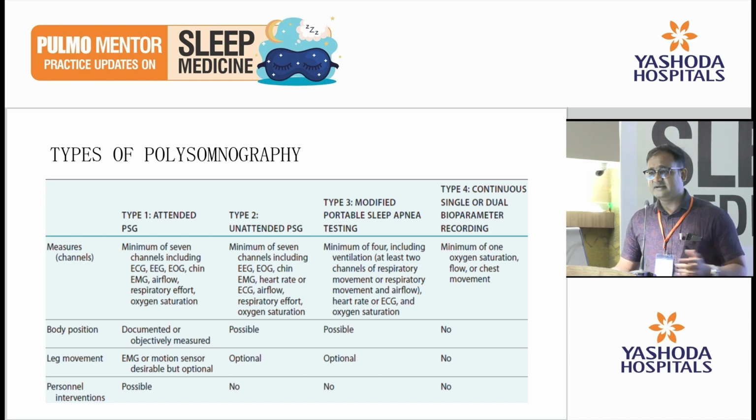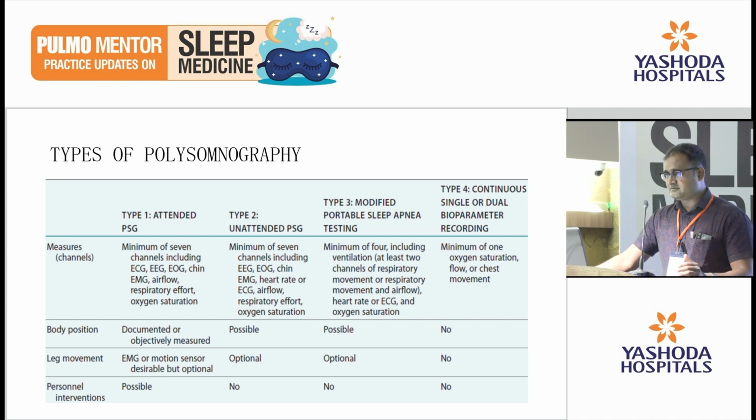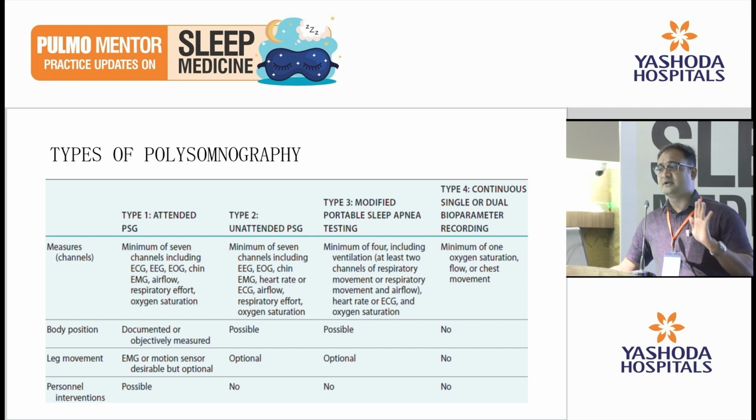Suppose some lead is getting out of the patient's body, or your pulse oximeter is coming off your finger, then the whole sleep study might be wasted. That is why personal intervention is possible in level 1. And in a diagnostic study, if you get signs and symptoms of OSA, then you can also titrate in level 1 polysomnography.